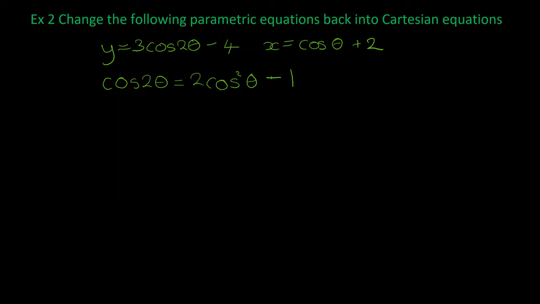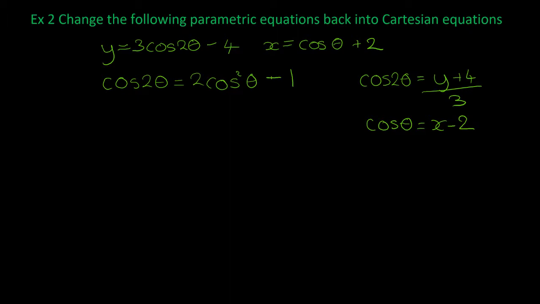So rearranging the first equation, we can get cos 2 theta equals (y plus 4) over 3. And then with the other equation to get cos theta, we'll get cos theta equals x minus 2.